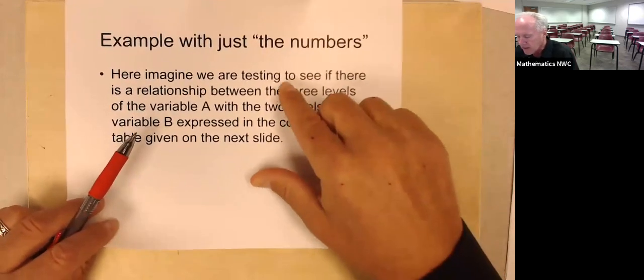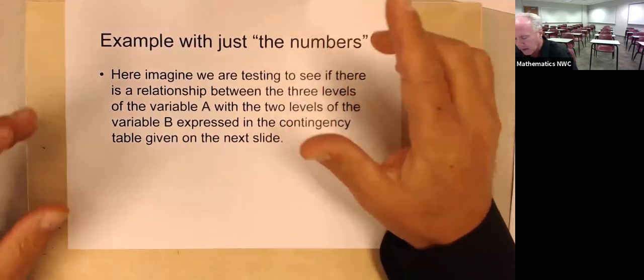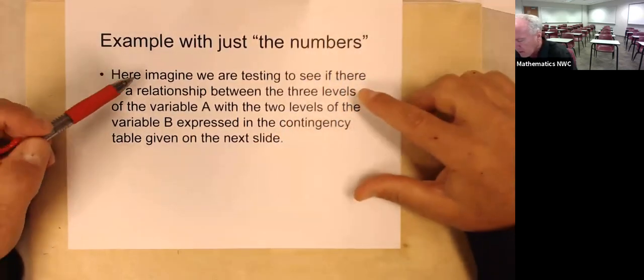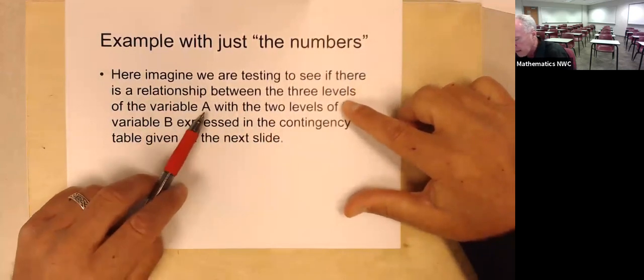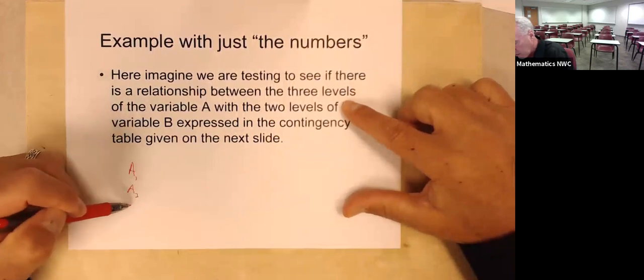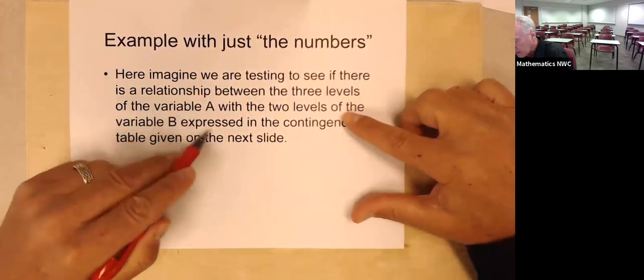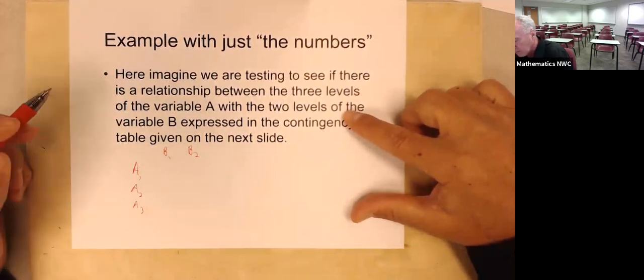We're going to practice once right now with an example where you have just the numbers so we don't get tripped up in the actual details. Here, imagine we're testing to see if there's a relationship between 3 levels of variable A, that would be like A1, A2, A3, and 2 levels of variable B, B1, B2.